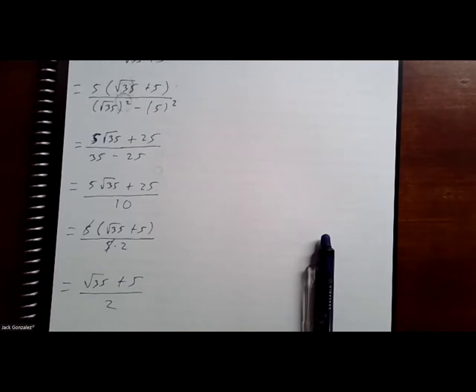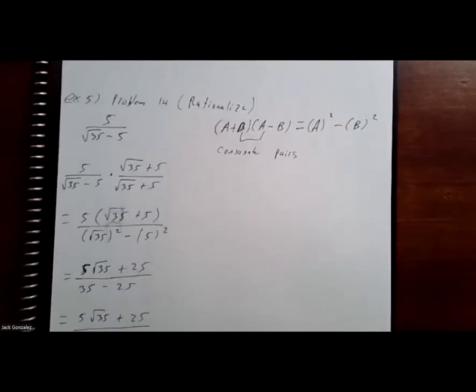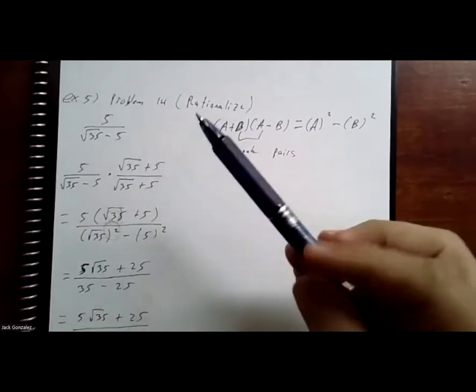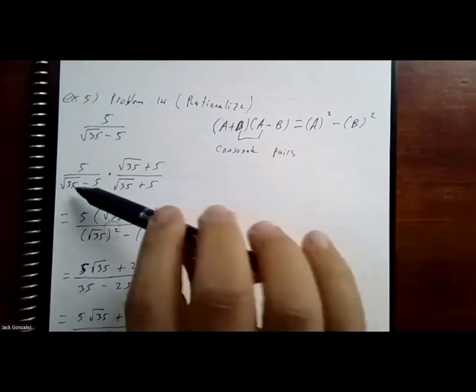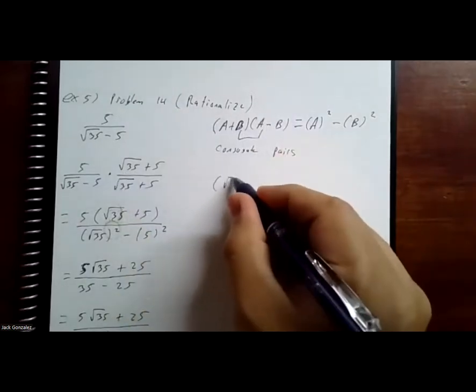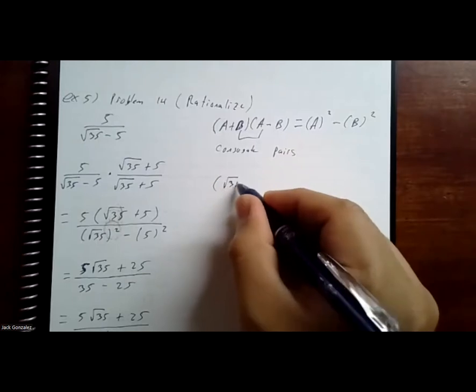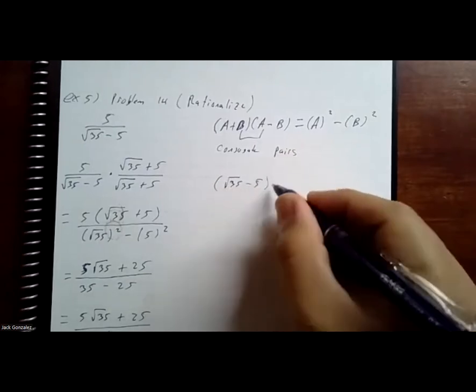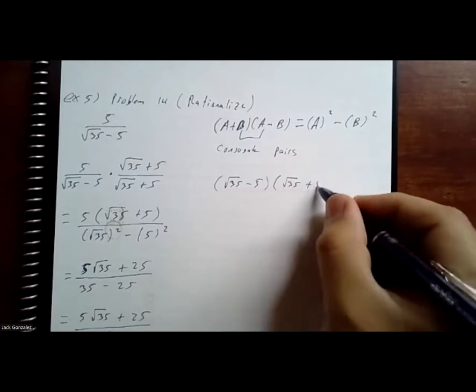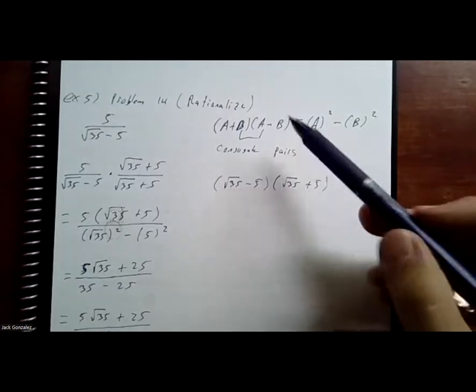How did you get that second step, that square root of 35 squared minus 5 squared? Oh, this is from here to here. Yes. So if you multiply all this out, like if you were to actually FOIL this out, or however you want to think about it, distribute. This is basically the formula right here.